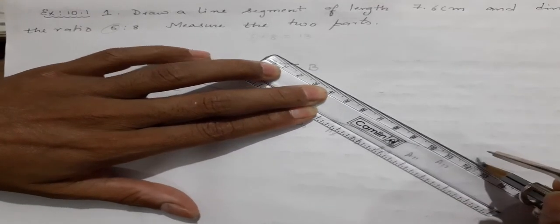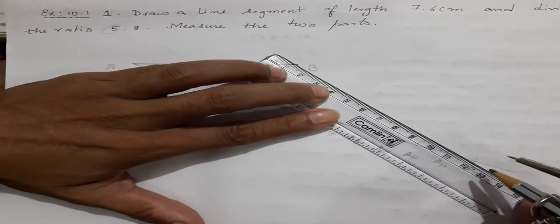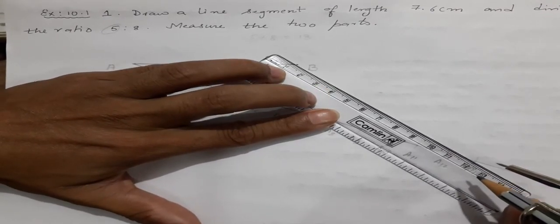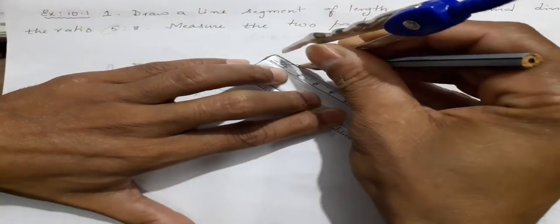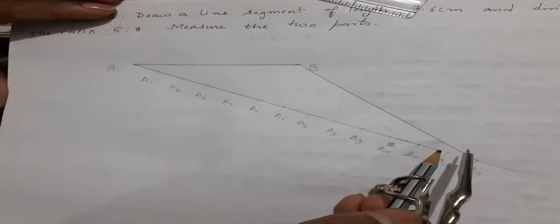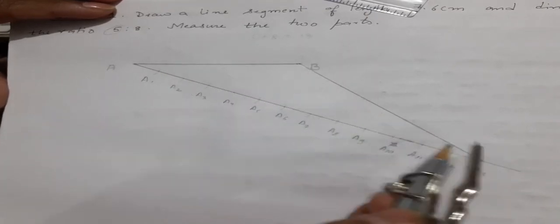Don't worry about the looks, whichever way the last one is joining, just simply join them. It may be a very wide angle, it may be a small angle, doesn't matter. Now next step is making this angle equal to here. I need to make a line which is parallel to this.